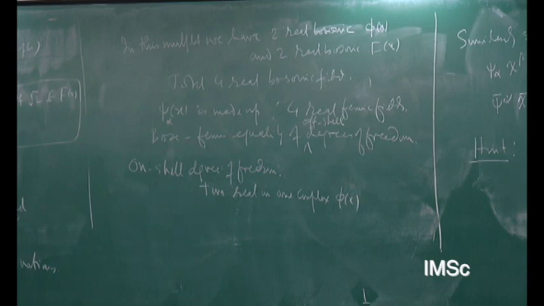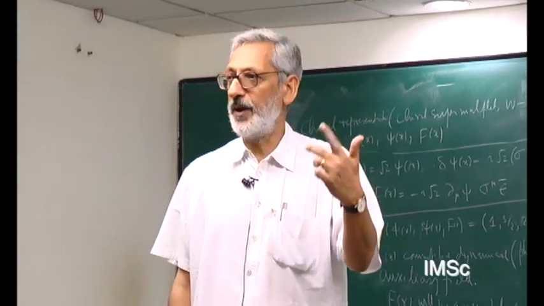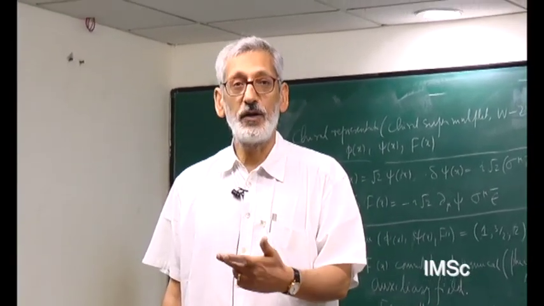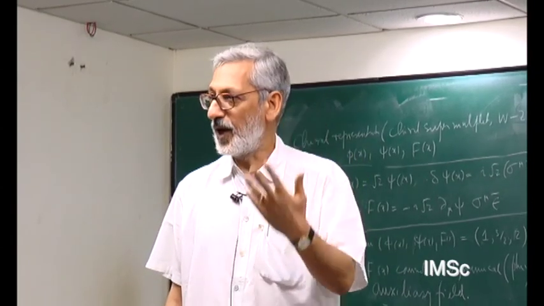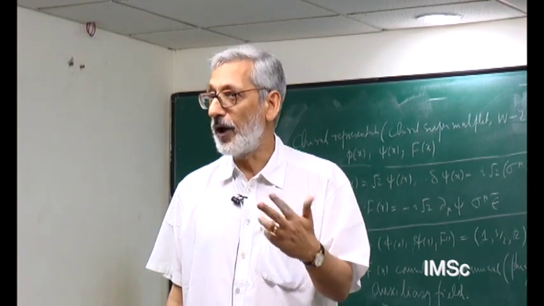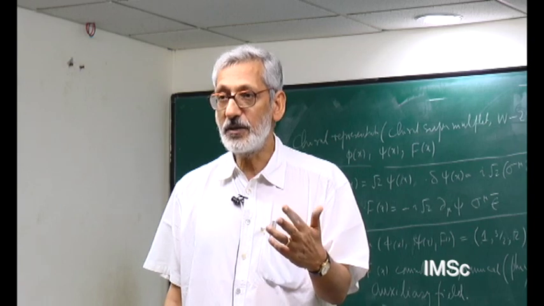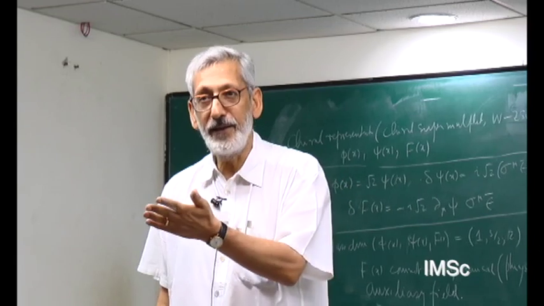A Dirac fermion is made up of 4 complex objects. But when I use equations of motion, how many degrees of freedom are there? 2 particles, 2 antiparticles: particles spin up, spin down, antiparticles spin up, spin down. There are only 4 degrees of freedom. A Dirac fermion is made up of 4 complex objects, but it has only 4 real dynamical degrees of freedom, not 8. The reason is that it satisfies the Dirac equation. The Dirac equation takes away half the degrees of freedom.